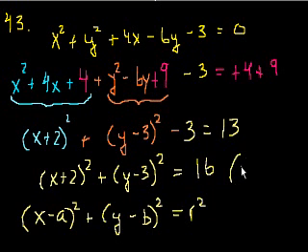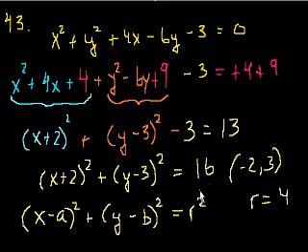So it's x equals minus 2, and the y value of its center is what makes this equal to 0: 3. So the center is minus 2 comma 3, and its radius is the square root of 16. So the radius is equal to 4. It can't be negative 4 because you can't have a negative radius. So the answer is a circle with center at minus 2 comma 3 and radius 4, and that's choice D.